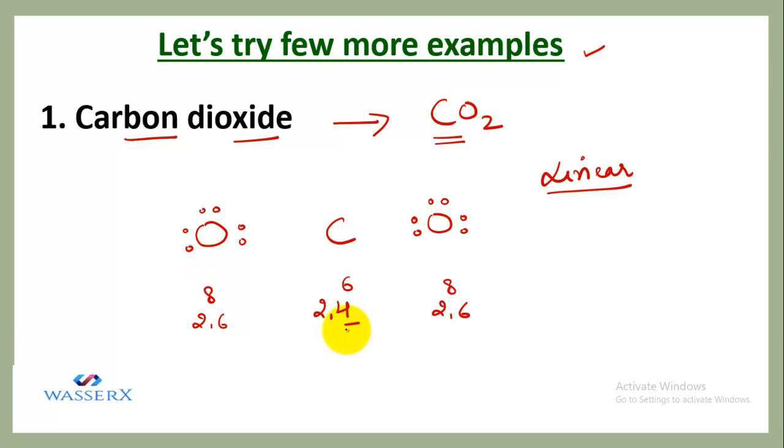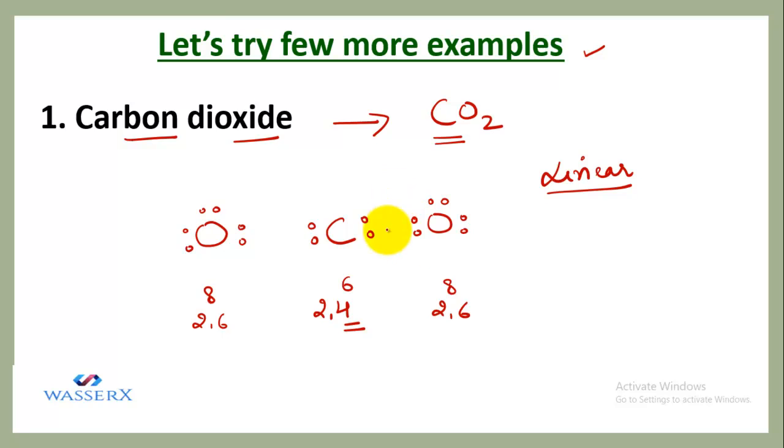Now the carbon has 4 electrons and it needs 4 more. So it is going to share equally these electrons with these 2 oxygen atoms. So I am going to arrange the 4 electrons like this, because 2 it is contributing with this oxygen, because this oxygen also needs 2, and this carbon also needs 2 from this oxygen and 2 electrons from this oxygen, right?